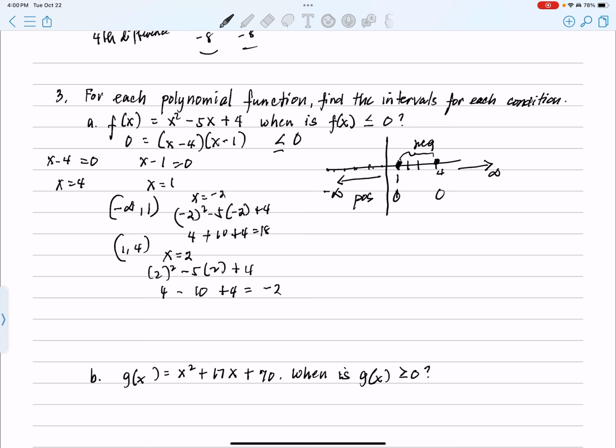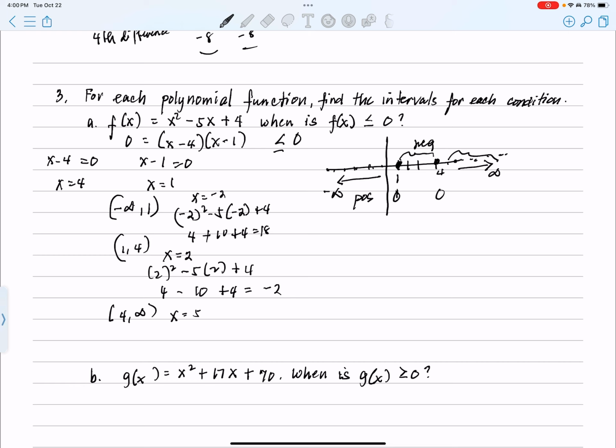So let's do the interval of 4 to positive infinity, going to the right. I will choose any number from here. Let's say x equals 5.